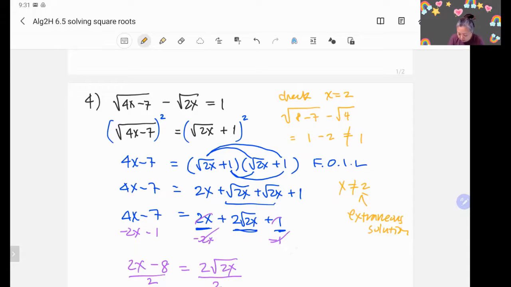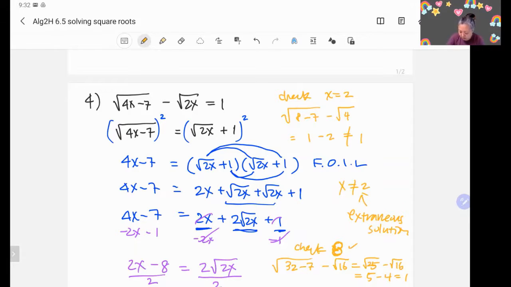Then let's quickly check if 8 works. Square root of 4 times 8 is 32, take away 7 is 25, minus the radical of 8 plus 8 is 16. So radical 25 minus radical 16. Yeah, it's a 5 take away 4. We're checking 8, so 8 is okay. So we can only accept the value for x as 8, not 2.